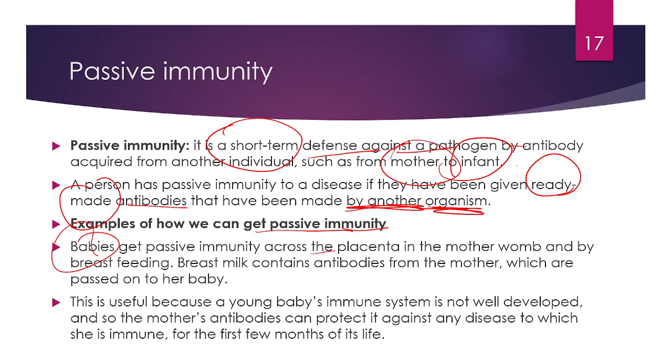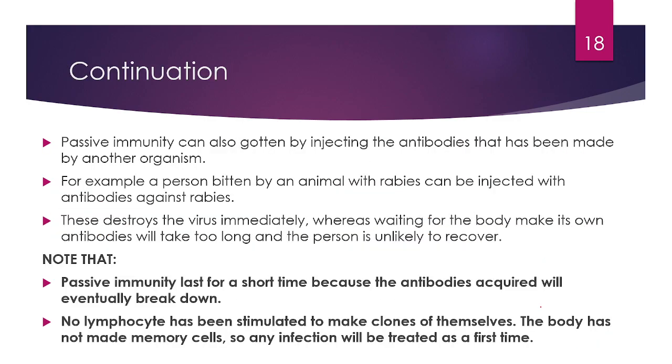Babies get passive immunity across the placenta in the mother's womb and by breastfeeding. Breast milk contains antibodies because the child's immune system is not strong enough to fight the pathogen. That's why breast milk contains antibodies which can help fight the pathogen if the baby is infected. Yeah, that's what is written here.